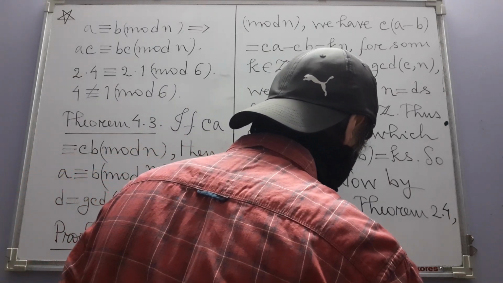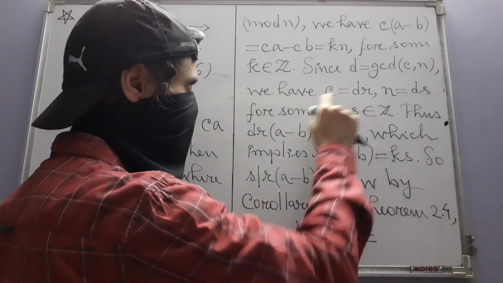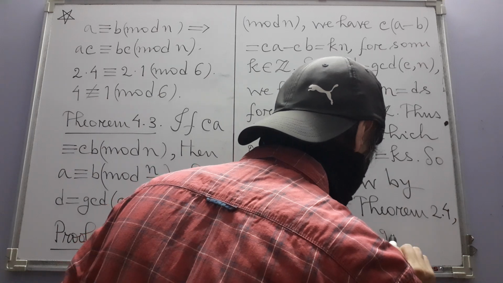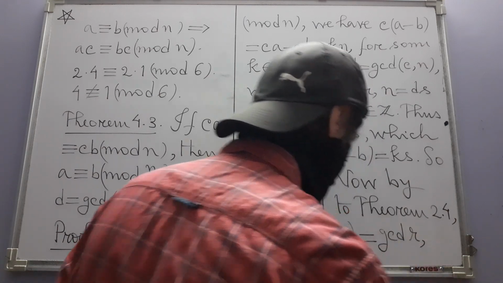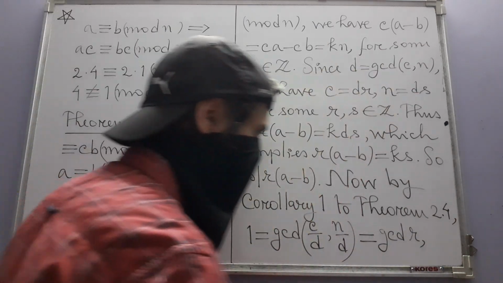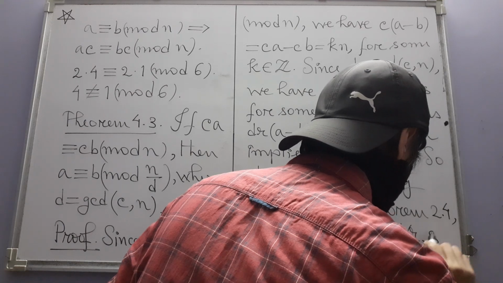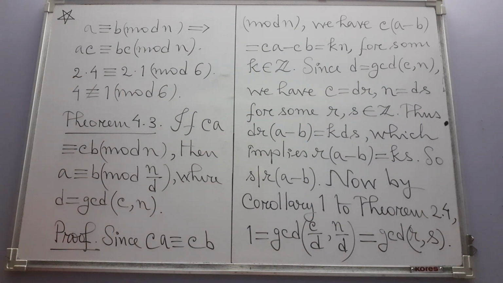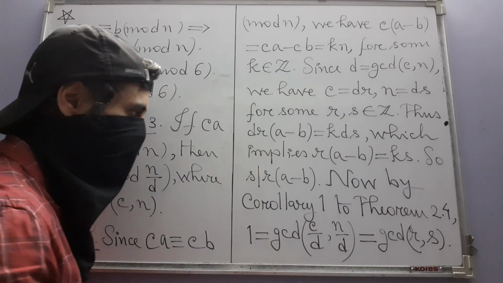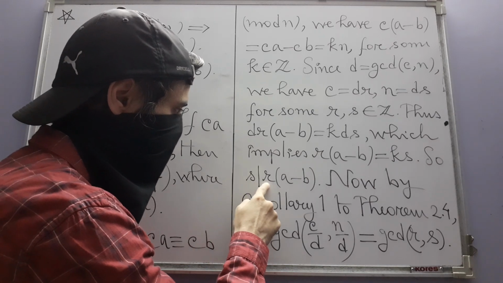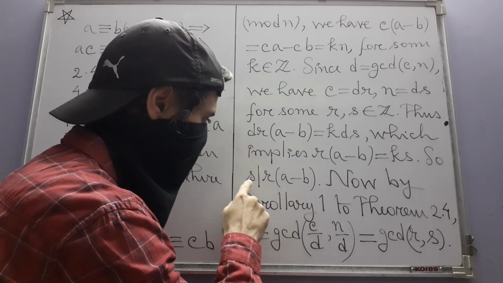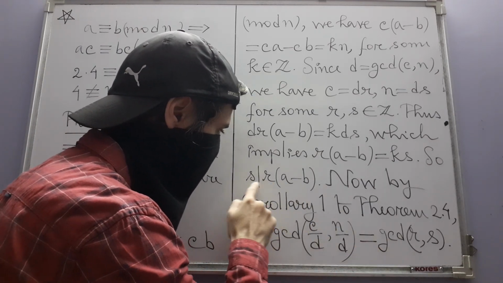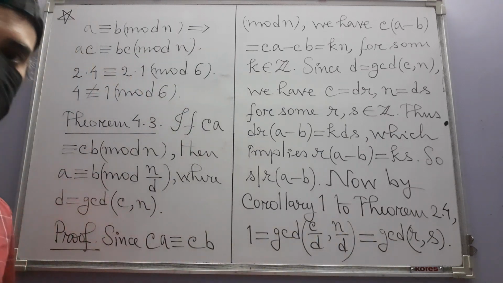However, what is C divided by D? C divided by D is R. And N divided by D is S. So you now have this extra piece of information that not only is S dividing R times A minus B, but R and S are relatively prime.